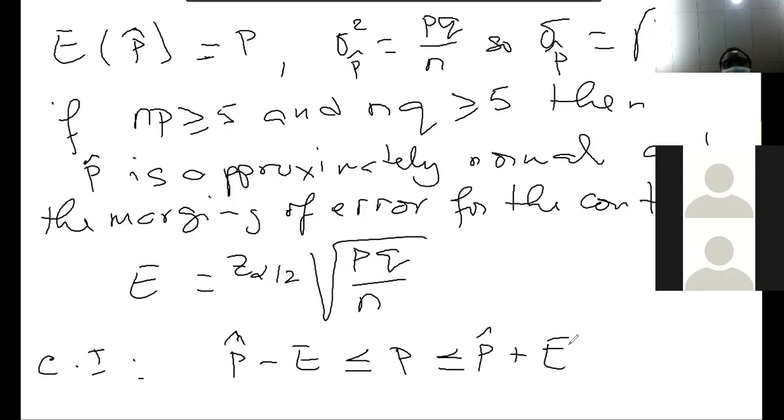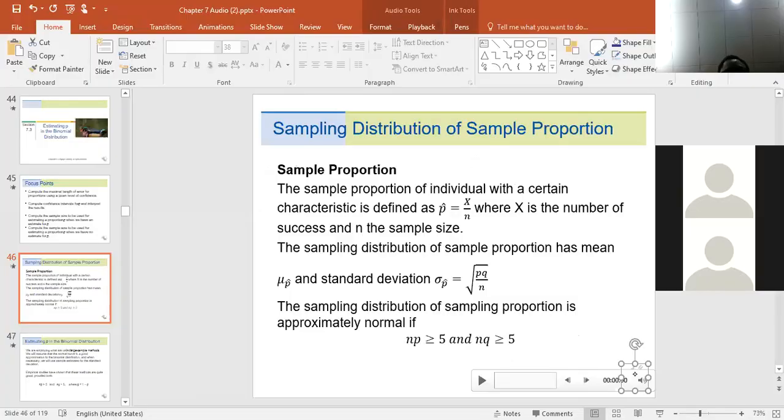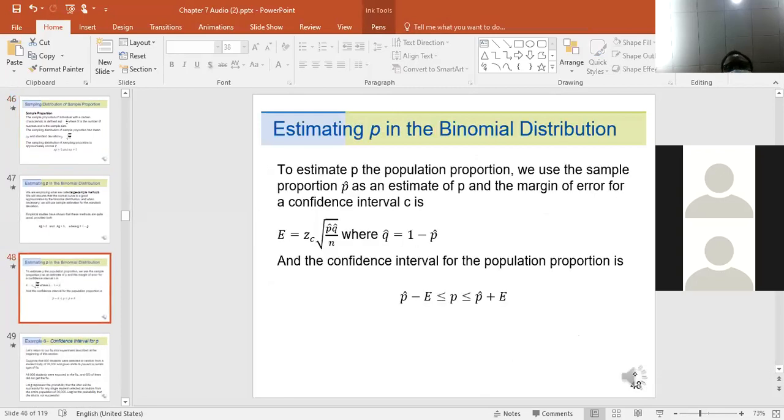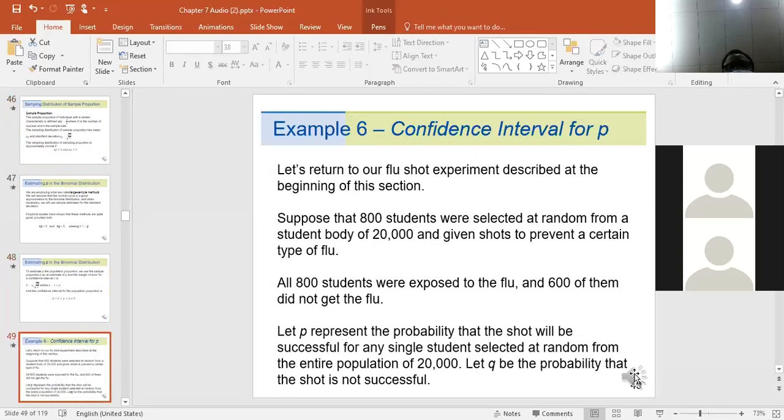Let's look at an example. In your textbook, there was an example at the beginning to illustrate proportion. We will go back to that. Suppose that 800 students were selected at random from a student body of 20,000 and given shots to prevent a certain type of flu.